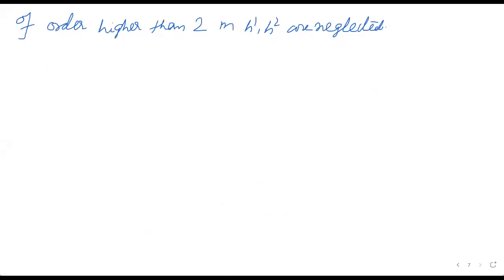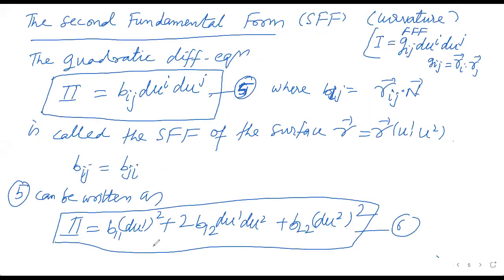So the coefficients Bij, these are the coefficients B11, B12, this we can calculate. These coefficients are given by this formula. So this you can find.